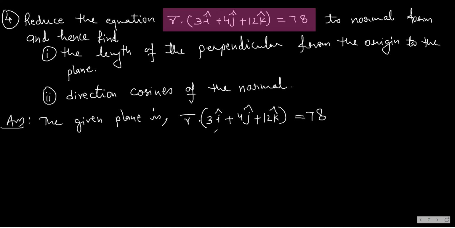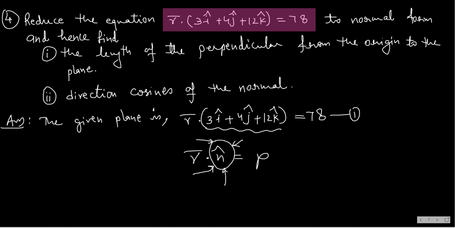Now see students, this equation is definitely not in the normal form. The reason being, the normal form is r bar dot n cap equals p. With r bar, the position vector of the variable point, we should have n cap, the unit vector. And this is not a unit vector.